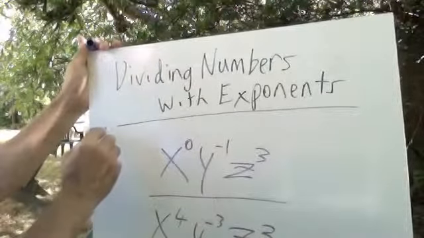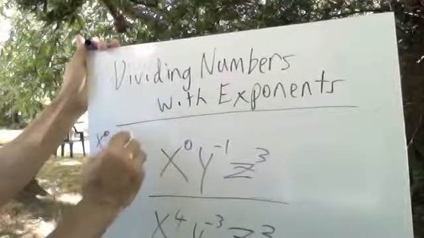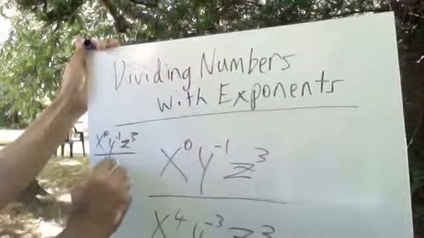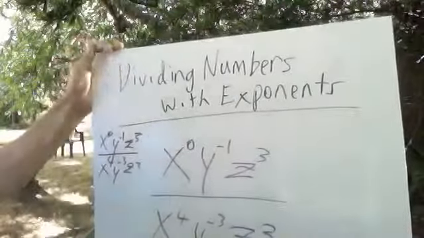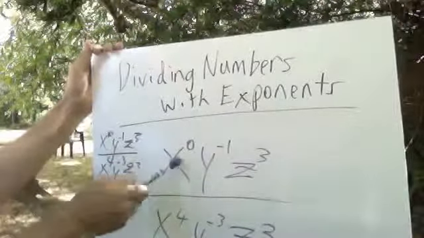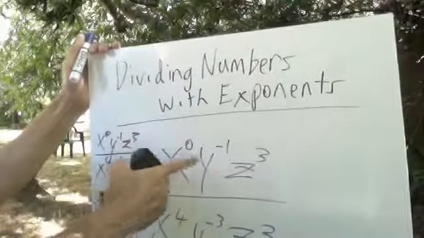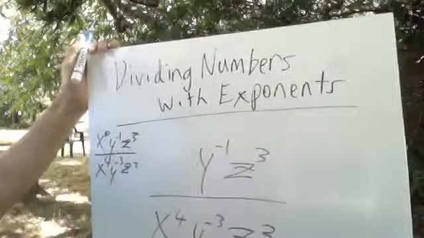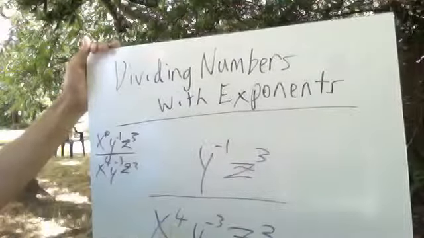X to the 0, y to the negative 1, z cubed over x to the 4th, y to the negative 3, z squared. Okay, so method number 1. Anytime I see something to the 0th power, that's like a 1, and 1 times the rest of this is just going to be the rest of it. So I can just get rid of it. X to the 4th, I'm going to leave it down there.